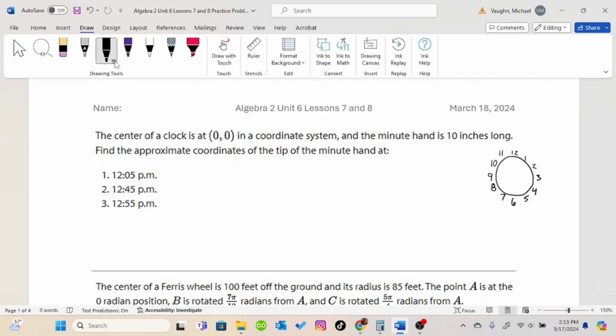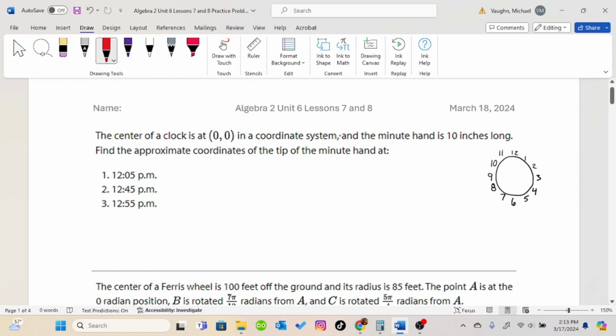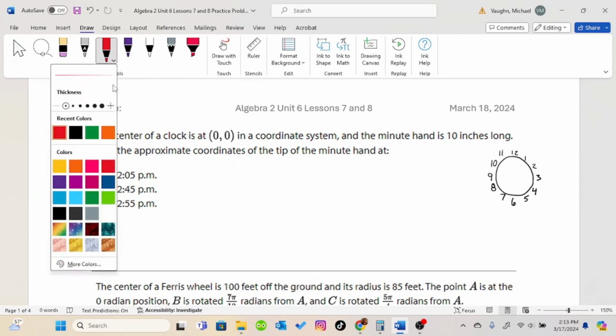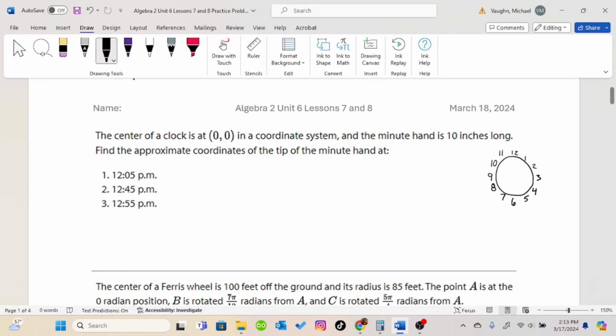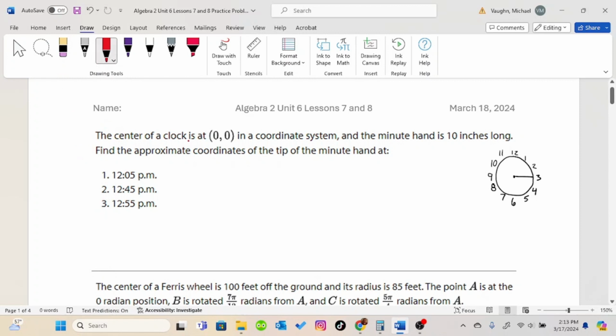Now, as we think about this, remember that we always start from the positive x-axis when we are talking about angles. So for number 1, we're talking about the minute hand when it's 12:05.